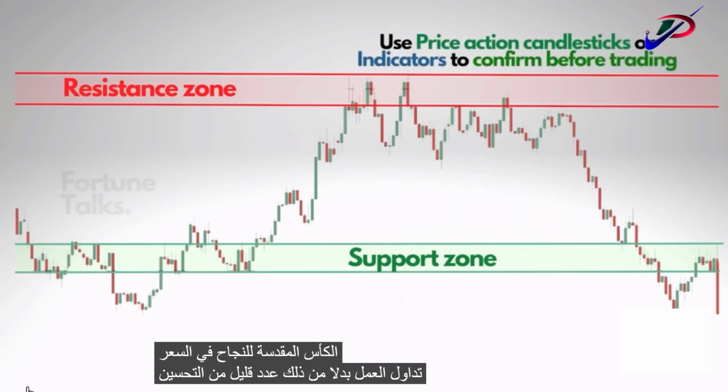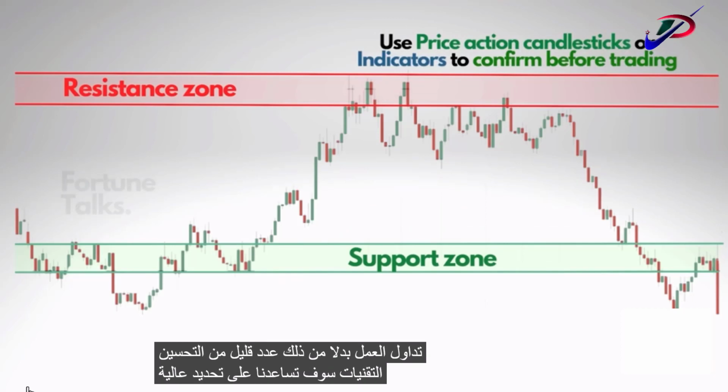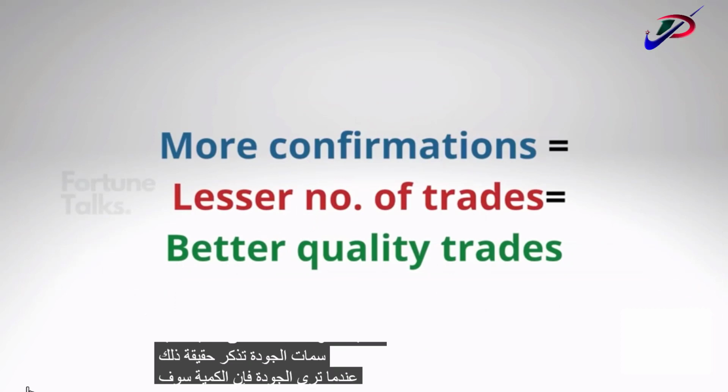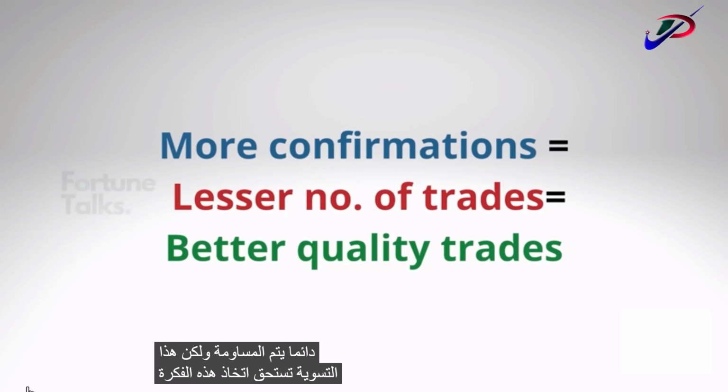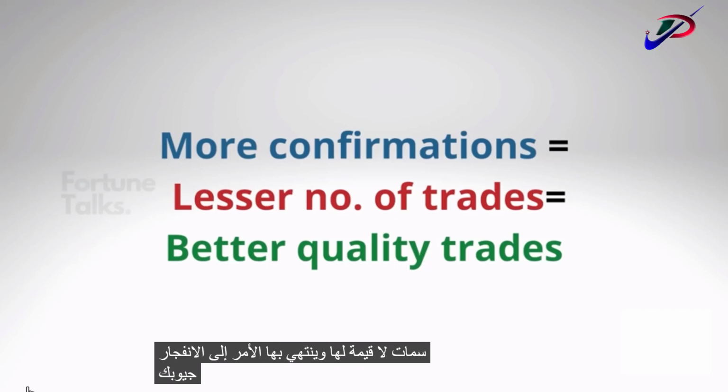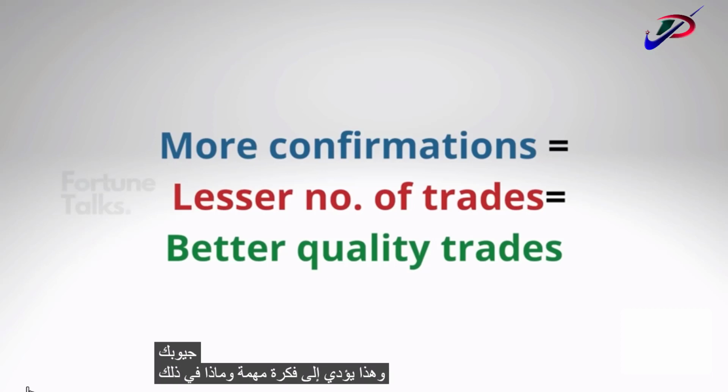Rather, a few optimization techniques will help us identify high quality trades. Remember that when you seek quality, the quantity will always be compromised, but this compromise is worth taking. The idea is to identify quality trading signals as opposed to identifying plenty of worthless trades and ending up burning your pockets. This leads to an important idea.